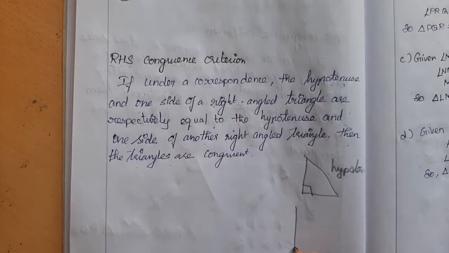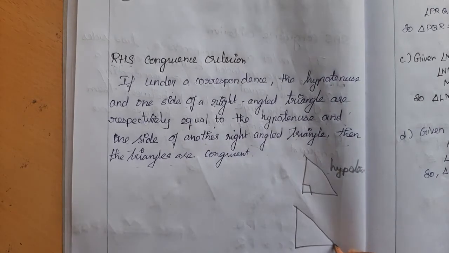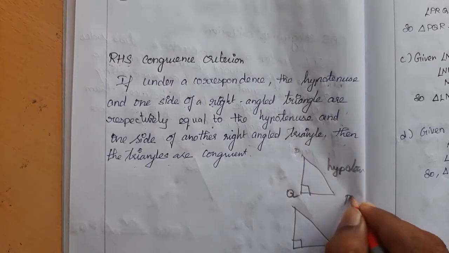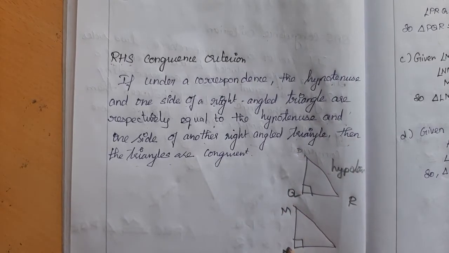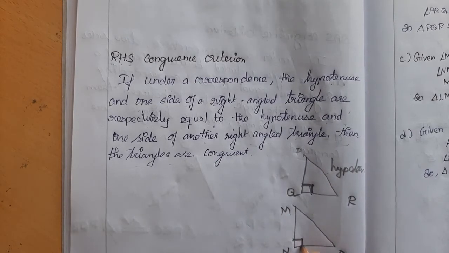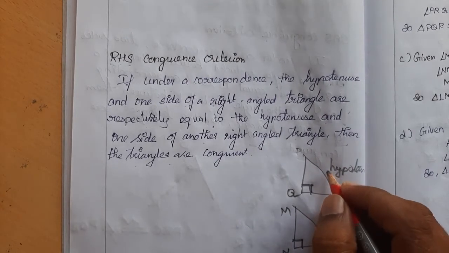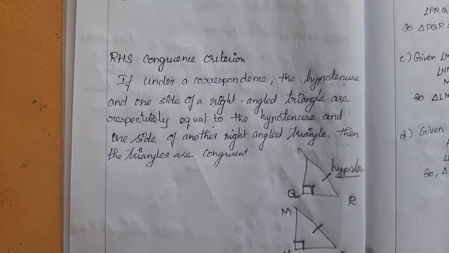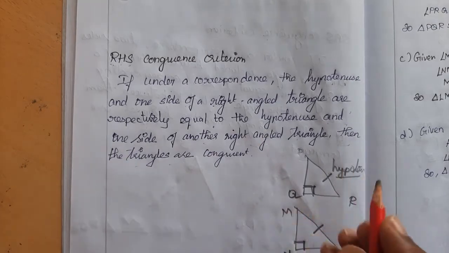If you consider two right-angled triangles, let me consider them as PQR and this is MNO. So the first condition is that they should be right-angled. The next condition is the hypotenuse should be the same. This side should be equal to this side, and another is any one other side.